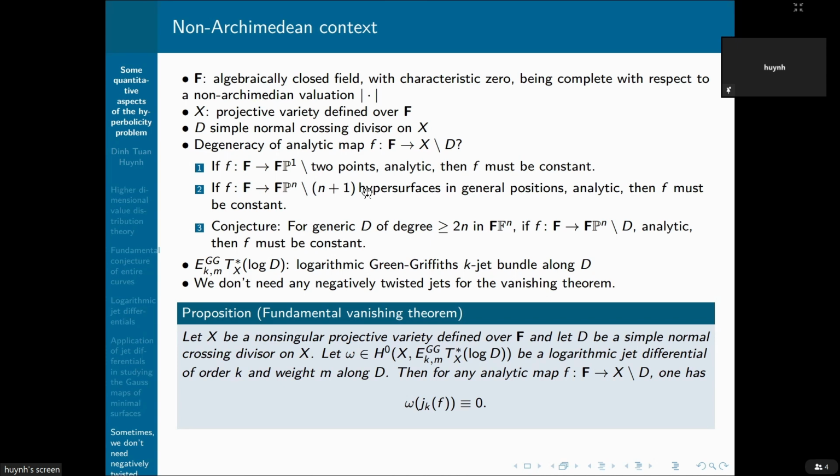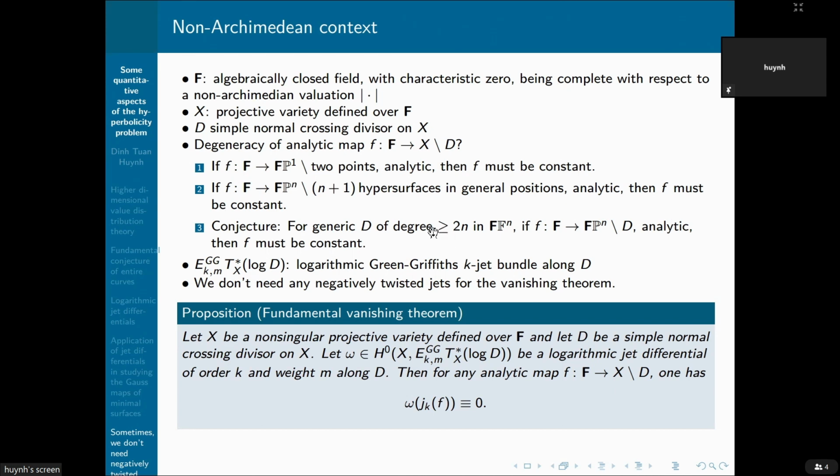But the important thing is that for the vanishing theorem, we don't need any negativity. Namely, if you have a logarithmic jet differential form of order k and weighted degree m along D, namely you have a global section of the Green-Griffiths k-jet bundle, then immediately you get an algebraic differential equation for analytic maps avoiding D.